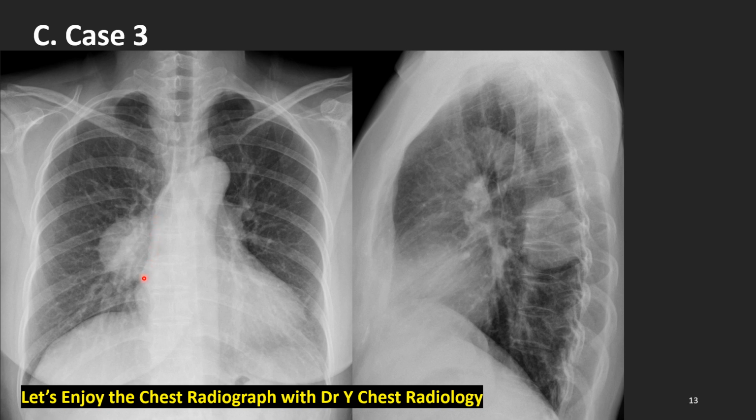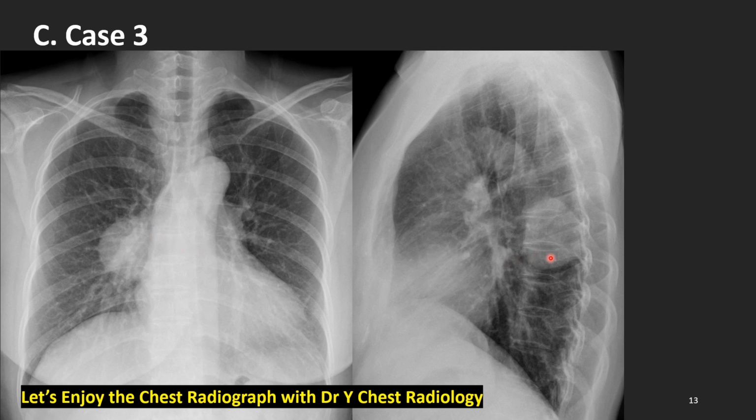The right heart border is well preserved, and the right hilum and descending pulmonary arteries are okay. So, hilum overlay sign: this is not a hilar mass. It may be anterior or posterior to the hilum, not obscuring or attached to the heart border.